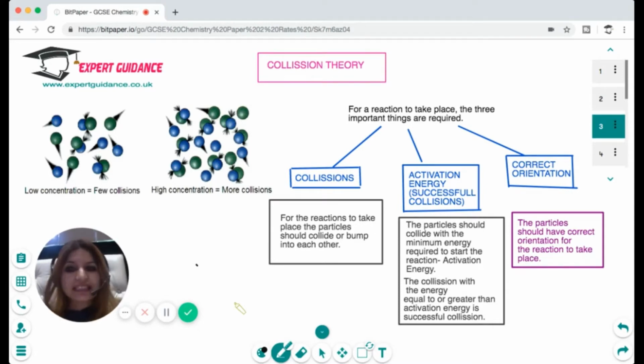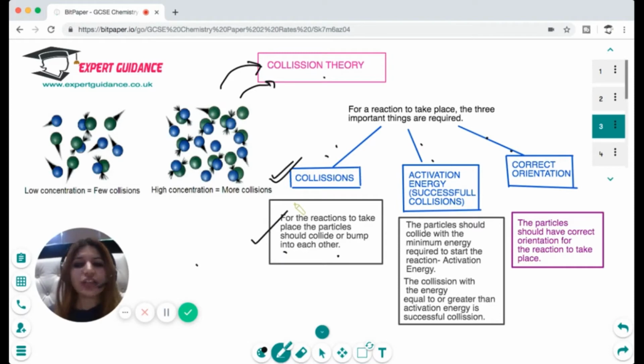The factors that affect rate of reaction can be explained with the help of collision theory. Remember, it's very important because for any factor that is affecting rate of reaction, in the exam you need to answer about the collision theory. So collision theory has three parts. It says that for a reaction to take place, we require collision, and the particles should collide for the reaction to take place.